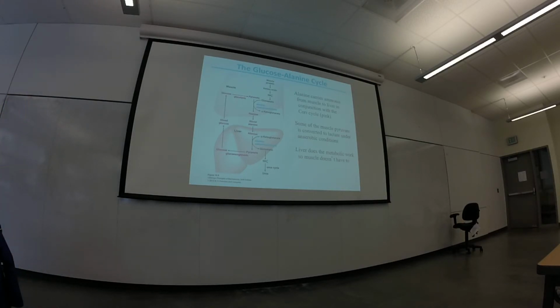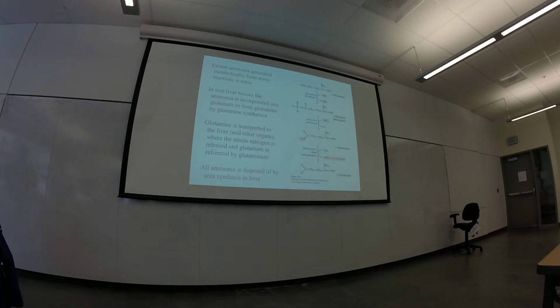Where does the glutamine that's coming from the muscle come from? It comes from the enzyme glutamine synthetase, so it comes from glutamate.